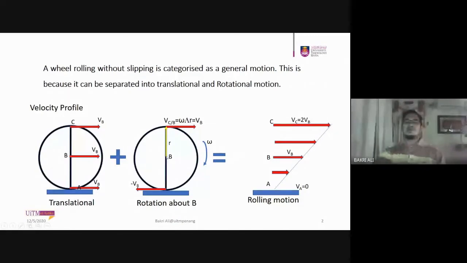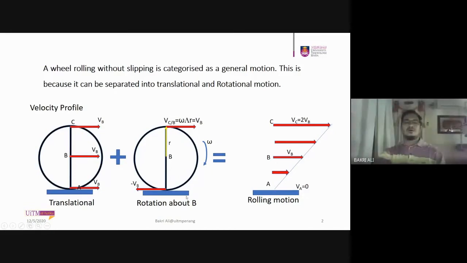The center maintains the velocity VB. At the bottom, because it translates with VB and then minus VB due to the rotation, there will be zero velocity at point A, where the tire or the wheel touches the ground.